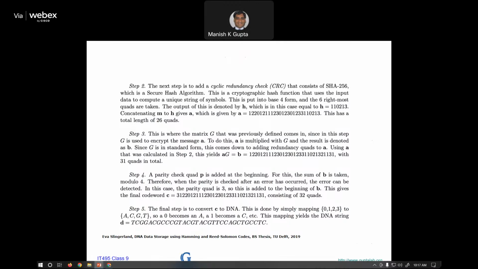Because it is modulo 4, parity check means you just sum it, reduce it modulo 4, and append that quad at the beginning. This turns out to be 3. The parity quad is 3 here. So the final code word is this of 32 quads.